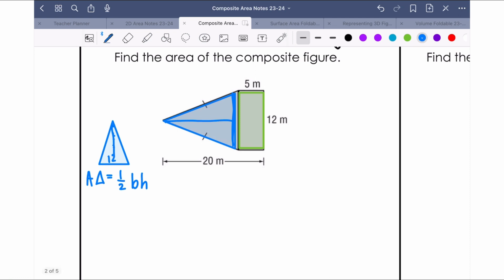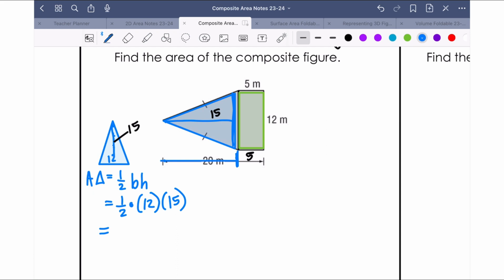Well, we have 20. 20 goes all the way across, but I only need this section. So what do I need to take away? I need to take away the 5 here. So 20 minus 5 is 15. So the height is 15. All right, so now we can plug into our formula. 1/2 times my base, which is 12, times my height, which is 15.